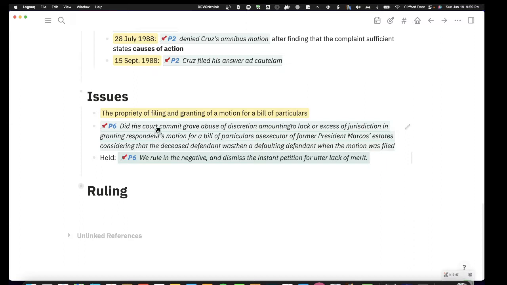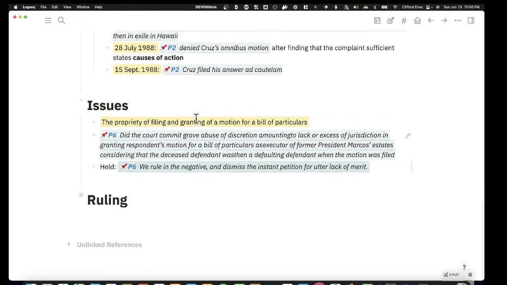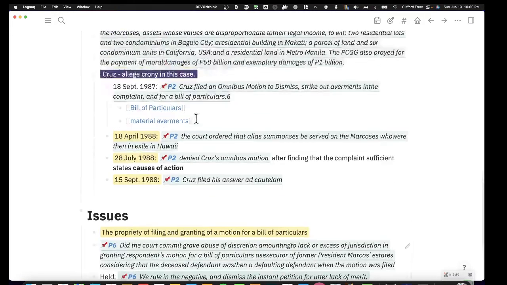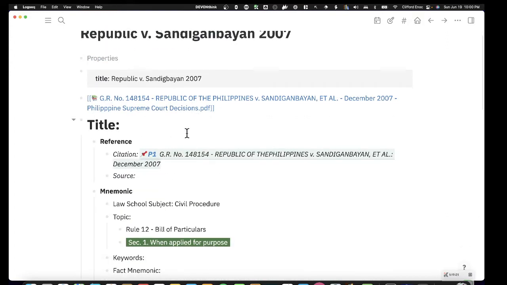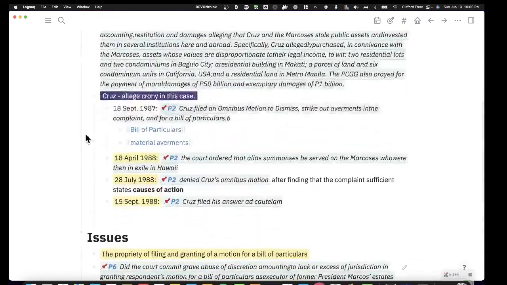So the Republic, ito yung petition niya, but then it did not commit any grave abuse of discretion. So okay, dapat kasi yung bill of particulars should have definiteness and particularity. So yun yung topic dito.